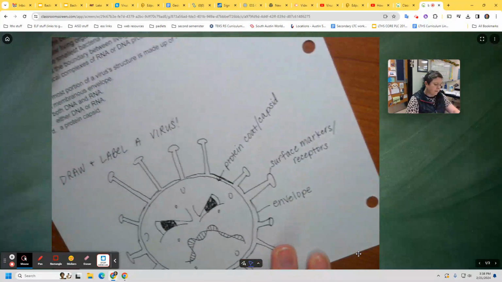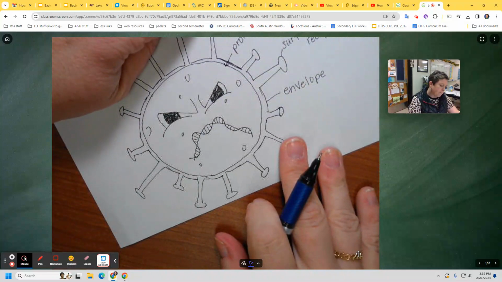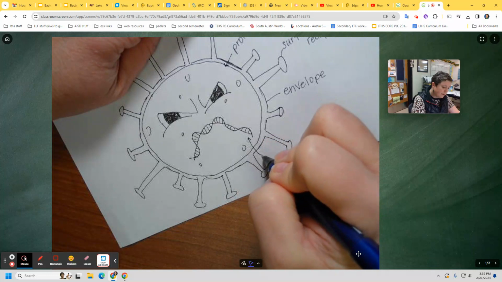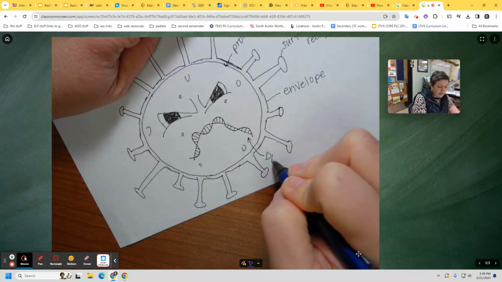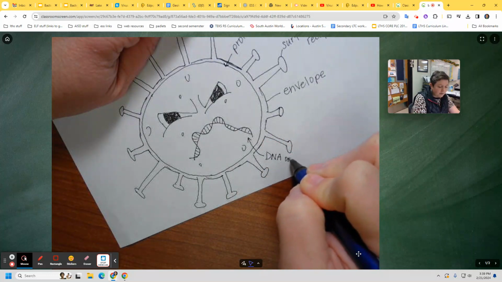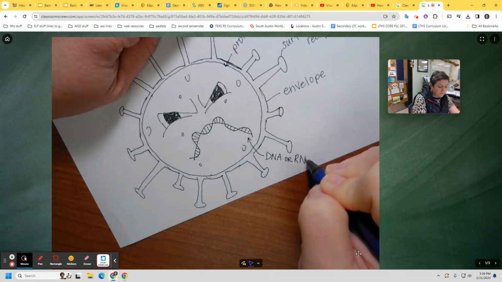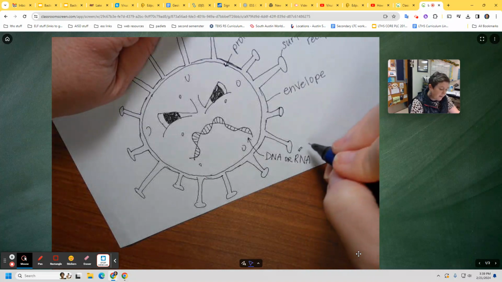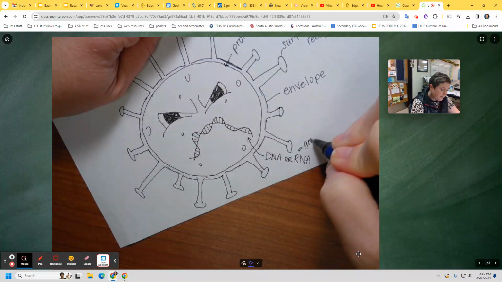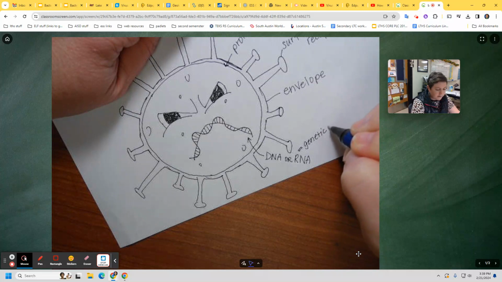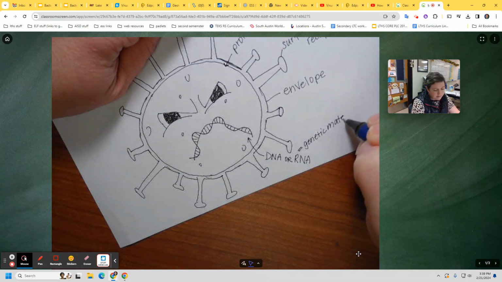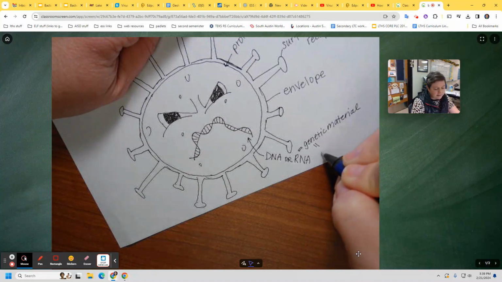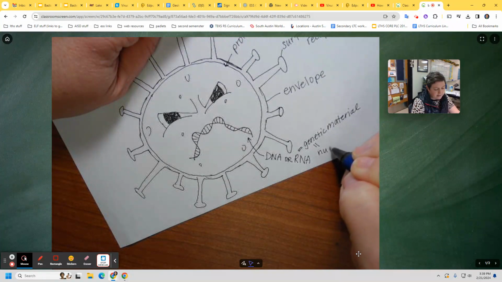And then this in here, this is our DNA or RNA, which is the same thing as saying genetic material, which is the same thing as saying nucleic acids.